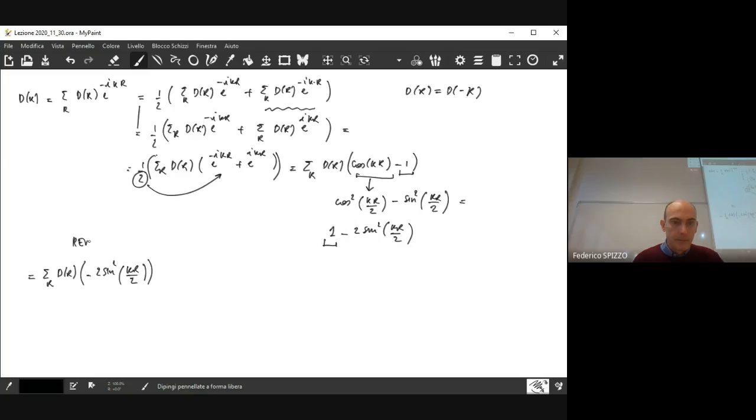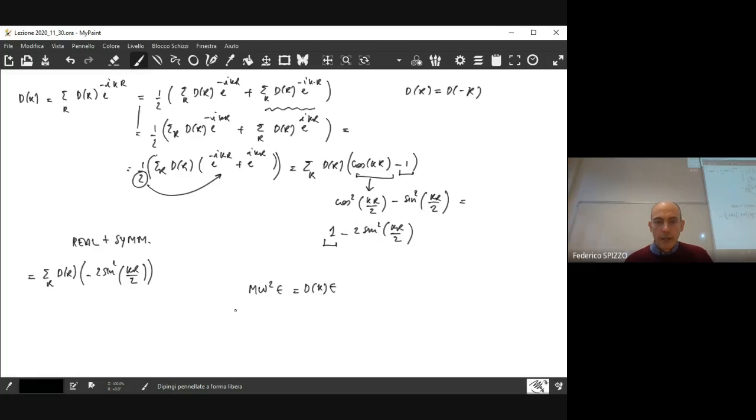So we have that D of k, the dynamical matrix, is real and symmetric. So we may apply the spectral theorem, and we may say that this eigenvalue problem has for sure a solution.